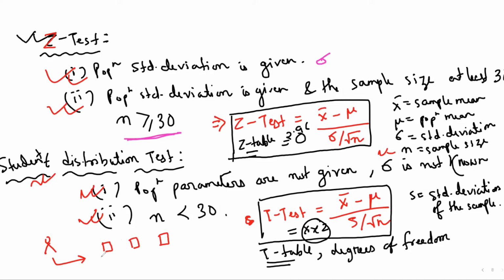Now let's say these are all arbitrary places, arbitrary chairs, and anyone coming can sit in any of the chairs. Let's say this is the first person that came in. How many chairs are available to him? 3. N is equal to 3, right?